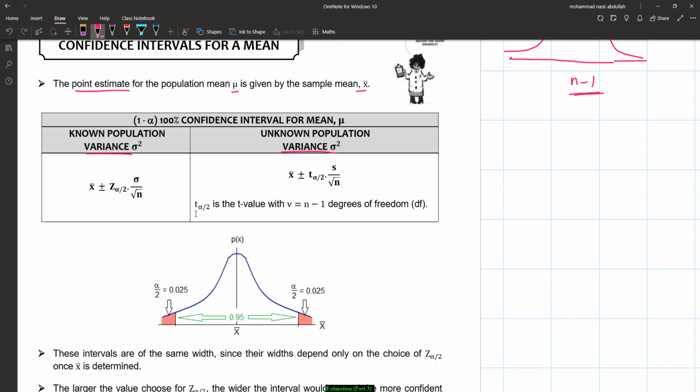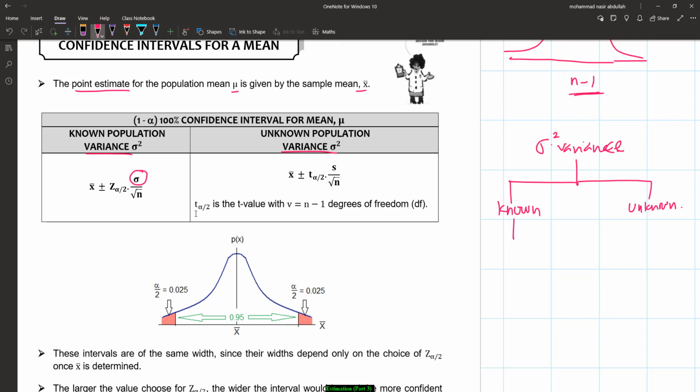So here, if you know the population variance, let me make it clear here: population variance known, unknown.